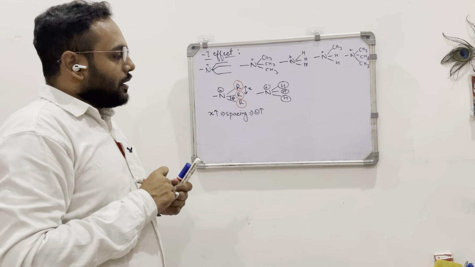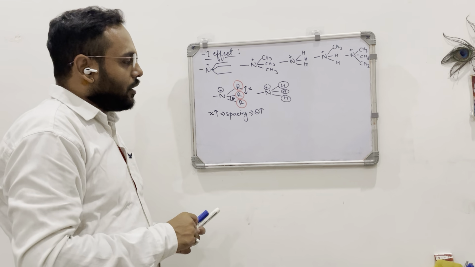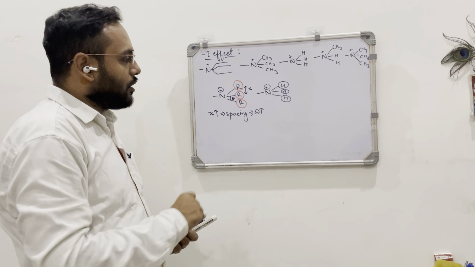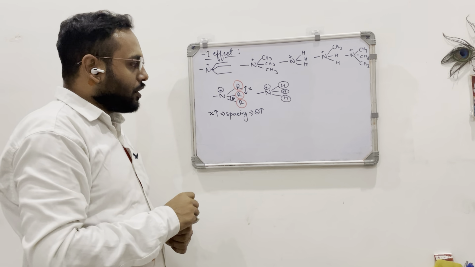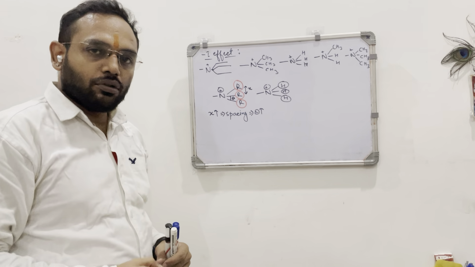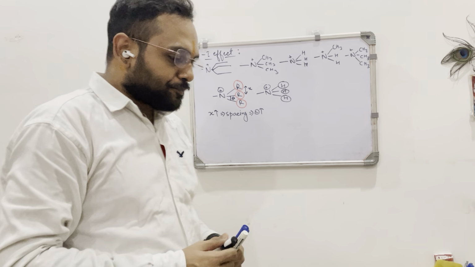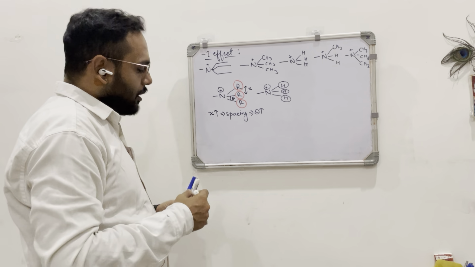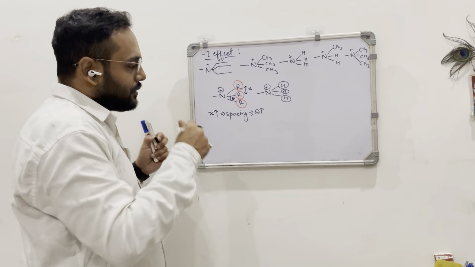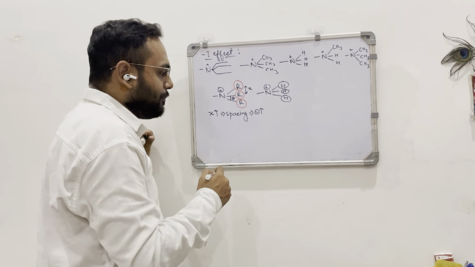Now if I try to understand the effect of this increase of bond angle on the stability or on the minus I effect of this particular group, I have to delve into the concept of chemical bonding. In chemical bonding we have read certain things; let's understand those with an example.